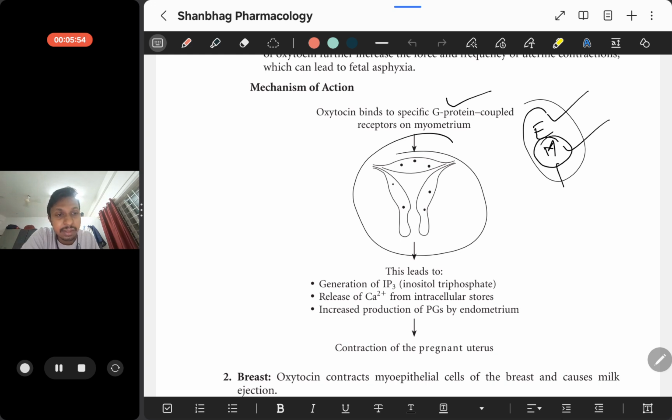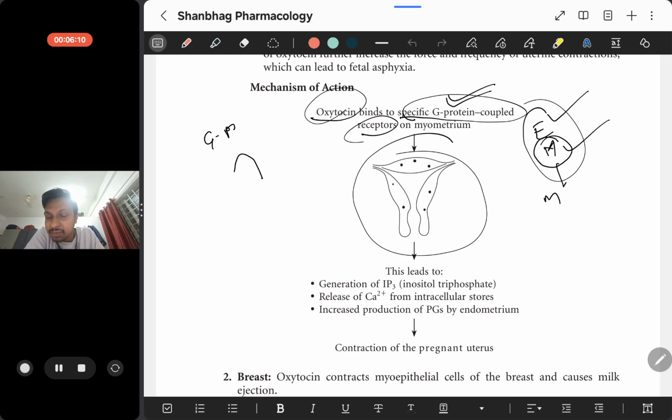This myometrium is the muscular layer. This muscular layer has the specific G protein coupled receptors. This oxytocin goes and binds with the G protein coupled receptors present on the myometrium.